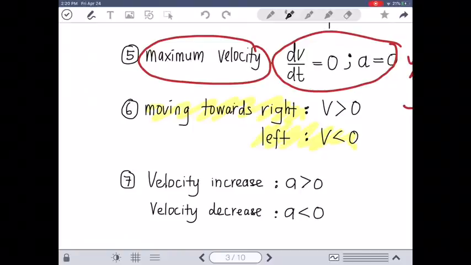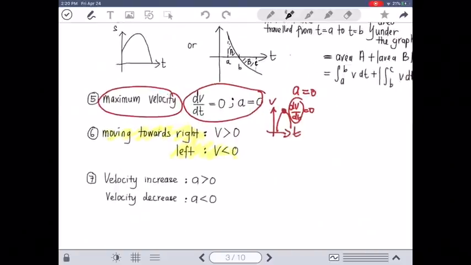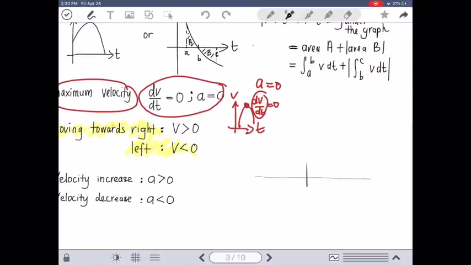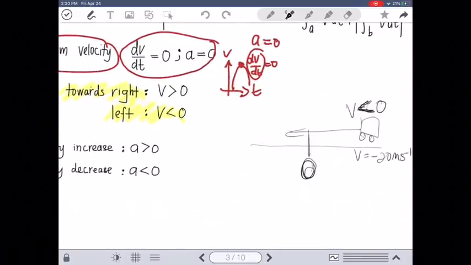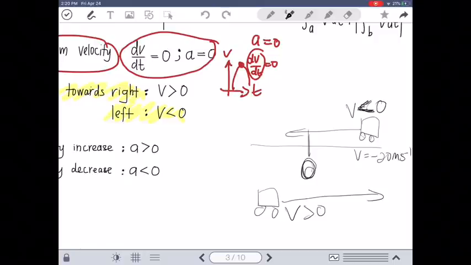For example, you have this object, and this is your fixed point O. The object is moving in this direction, which means that v is less than 0, maybe v equals negative 20 meters per second. If the car is moving in that direction, then v should be greater than 0, for example v equals 20 meters per second.